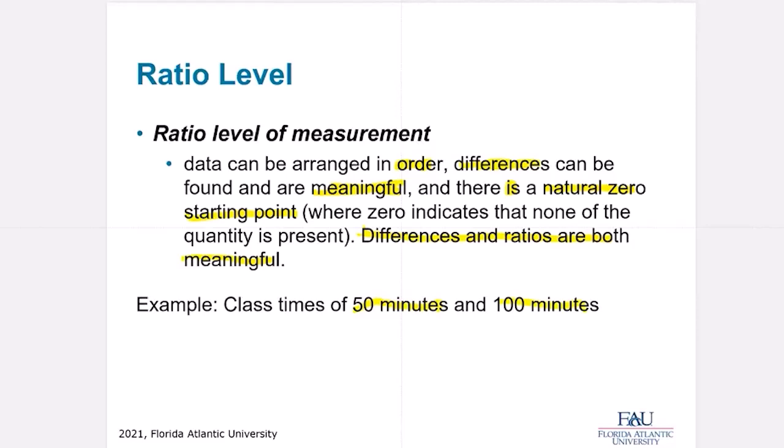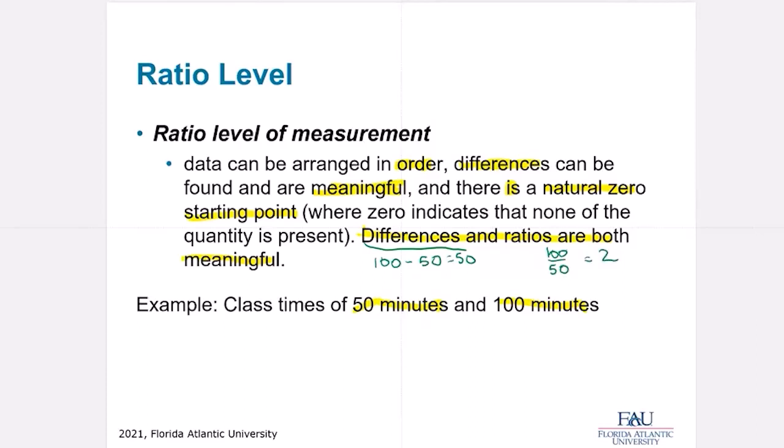The difference is meaningful. We can put it in order. There's 50 minutes difference between the two. I could have a class that has 0 minutes. I understand what 0 minutes means. Differences would be 100 minus 50 equals 50. That's meaningful. Ratios is another one. I could say 100 over 50 equals 2.